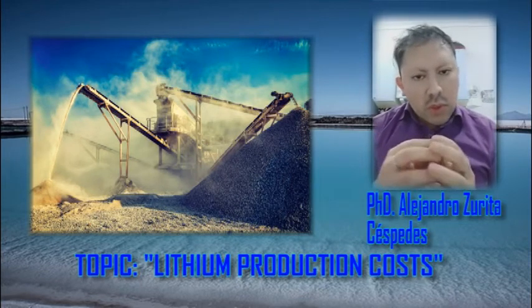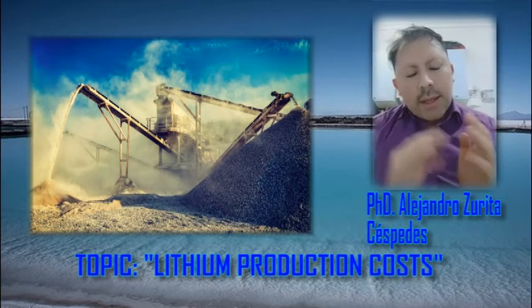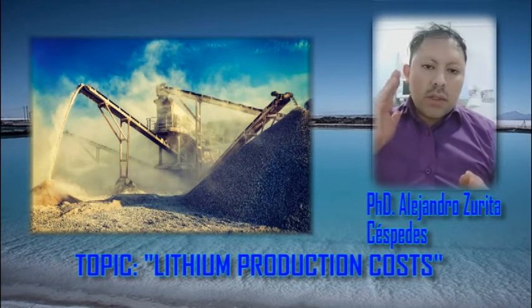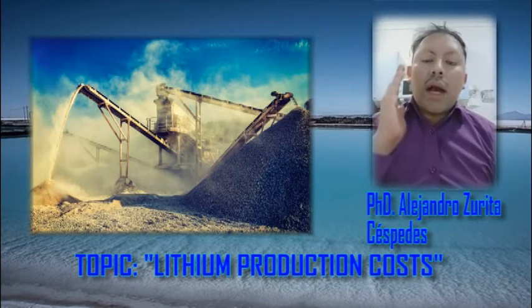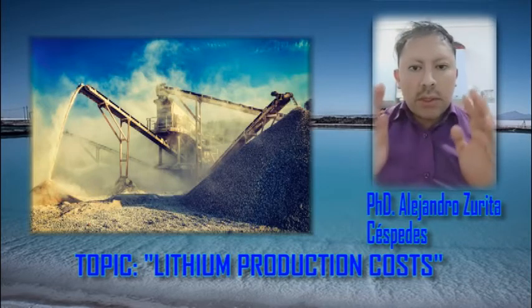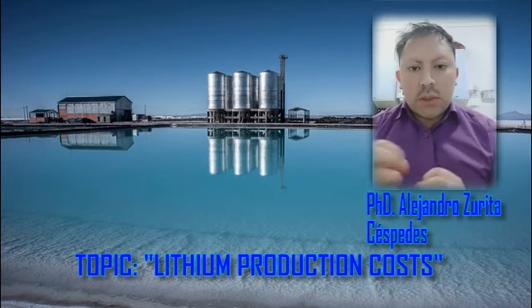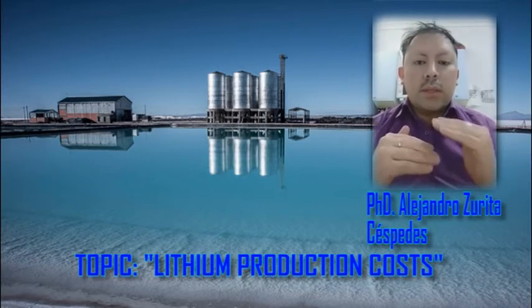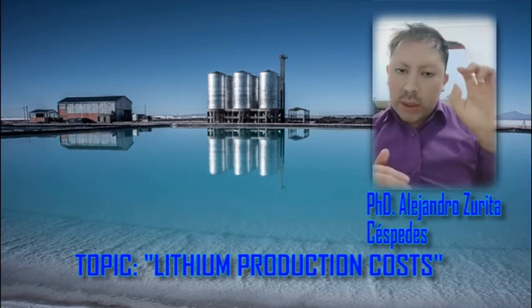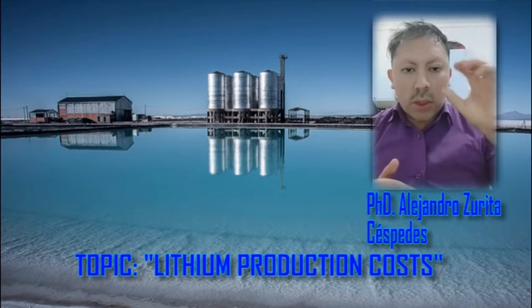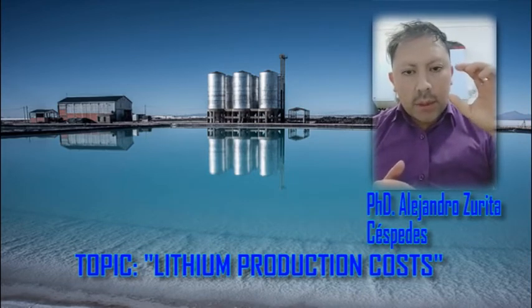The spodumene concentrate can then be sold directly to Asian countries, especially China and others. Then in the conversion plant, with chemical reactions, they convert it to get lithium hydroxide and lithium chloride.